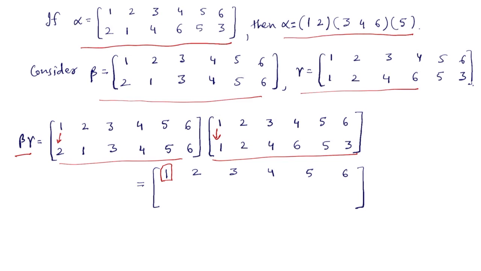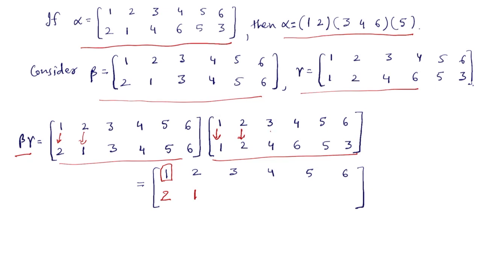So under beta gamma 1 goes to 2. Now let us check 2. Under gamma 2 goes to 2, and under beta 2 goes to 1. So under beta gamma 2 will go to 1.